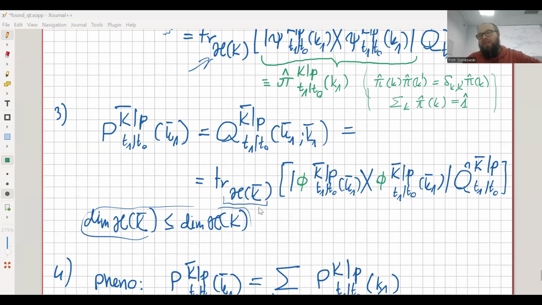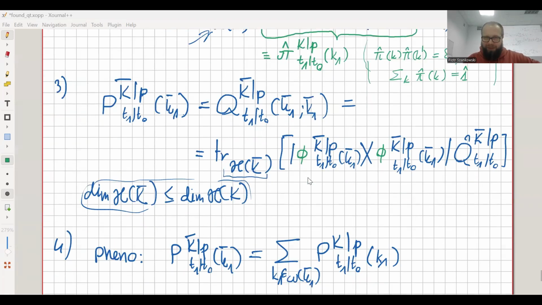But this is a different observable, so we pick a different Hilbert space, K bar. We pick a basis, all the indices are in. Let's even use a different letter, phi instead of psi. So it's a rank 1 projector in the space K bar, and we have a corresponding metric in this new space, which depends on the choices and so on.